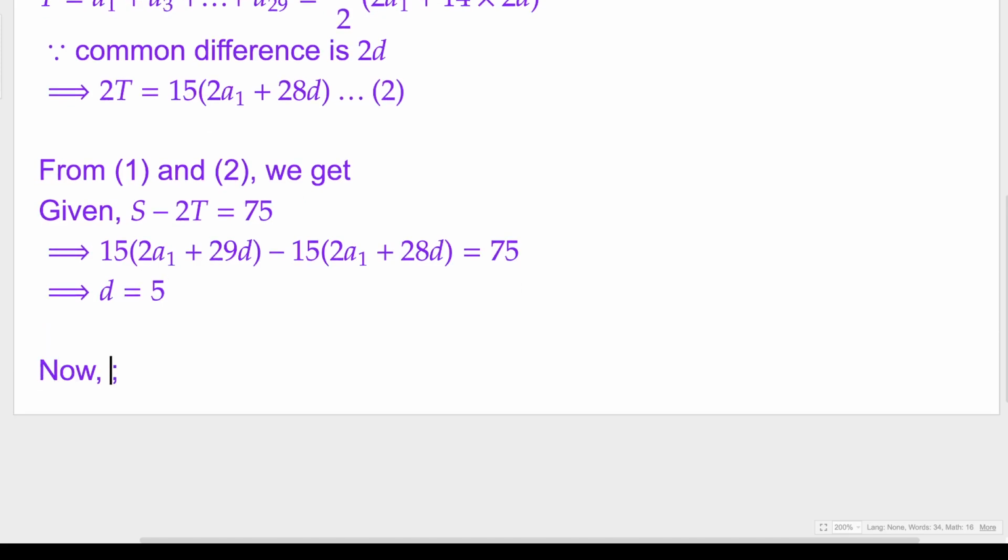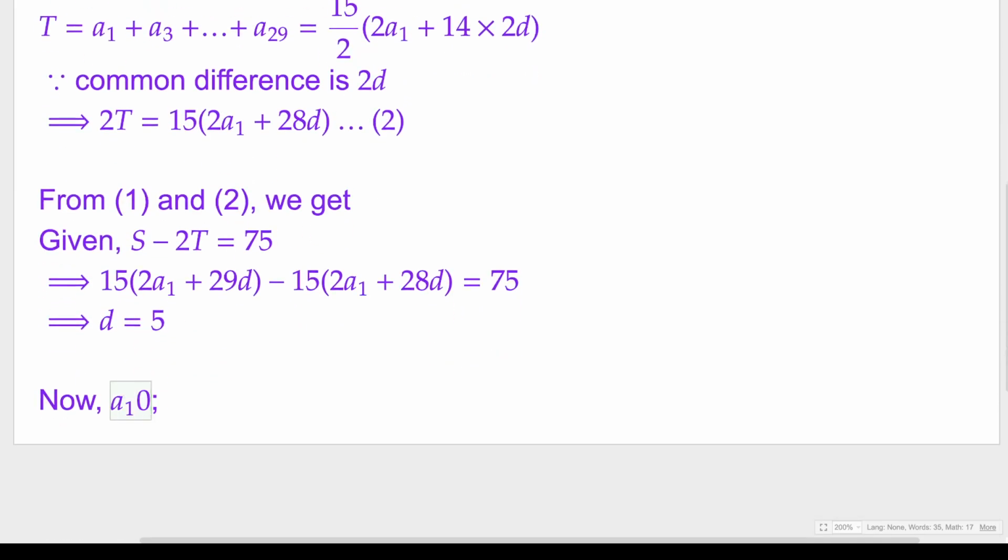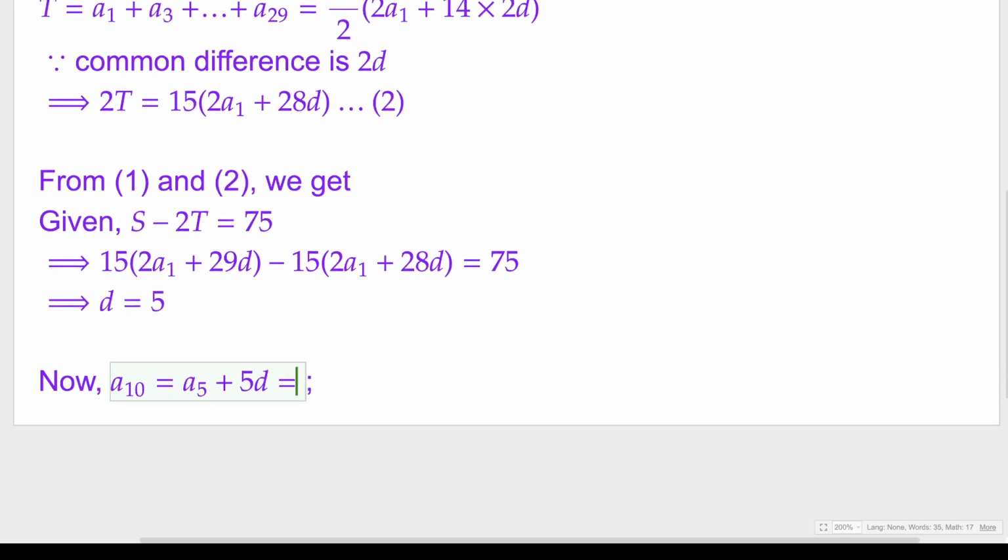Now finally I need a subscript 10, and the problem is demanding it. This can be written as a subscript 5 plus 5 times d.